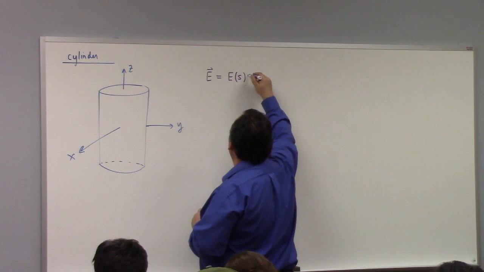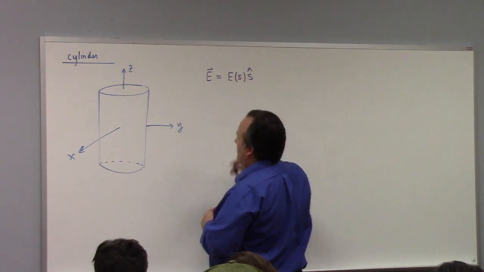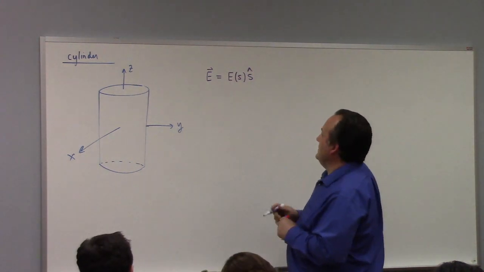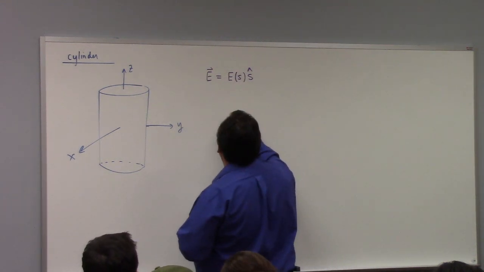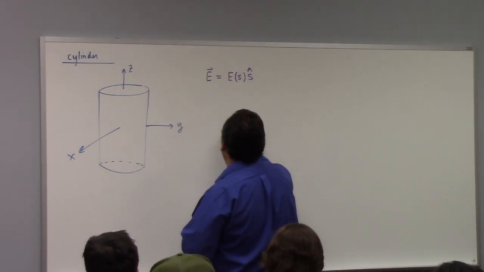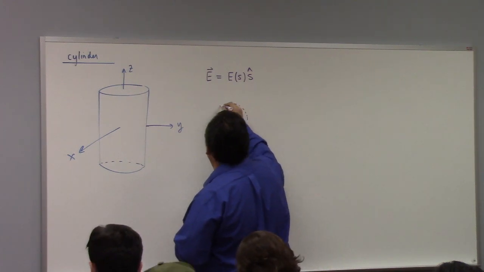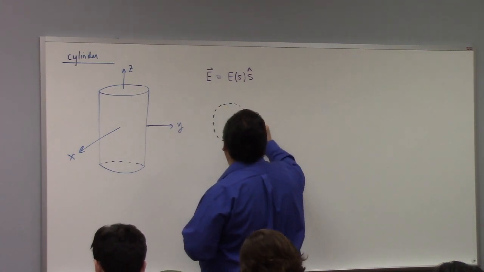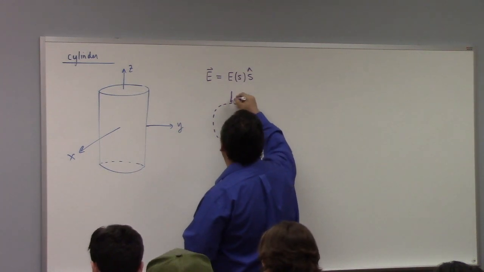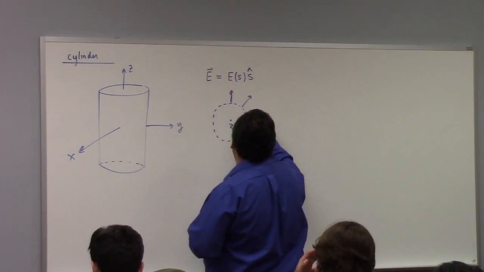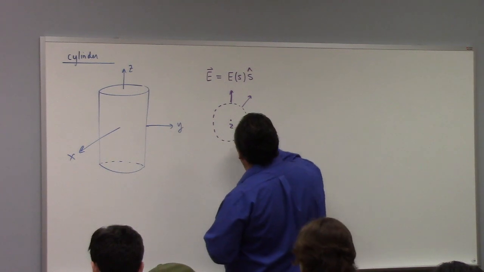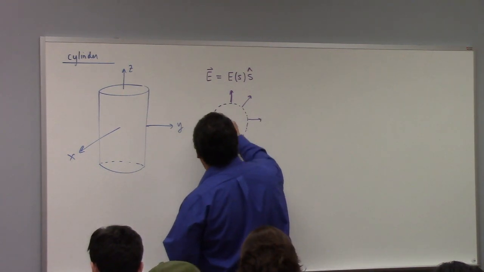E of s times s hat. So if you could look down the barrel here at the z-axis, then if you were to fix your attention on a circle like that, the electric field would be radially outward in this sense.